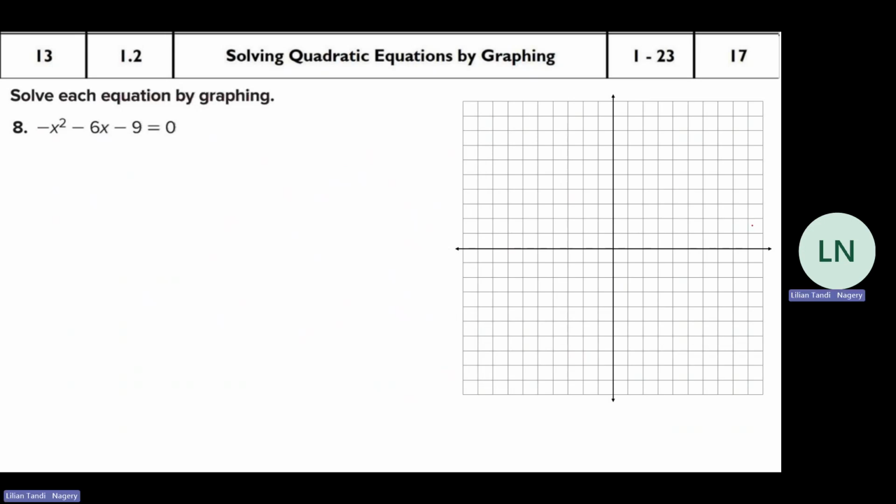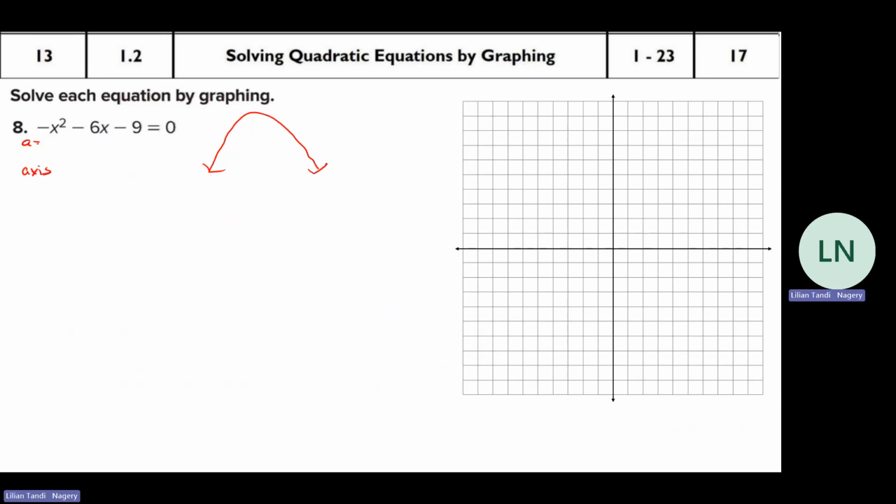This graph should open downwards. Your graph should open downwards. Why? Because your A is negative. Okay. Then let's do axis of symmetry.